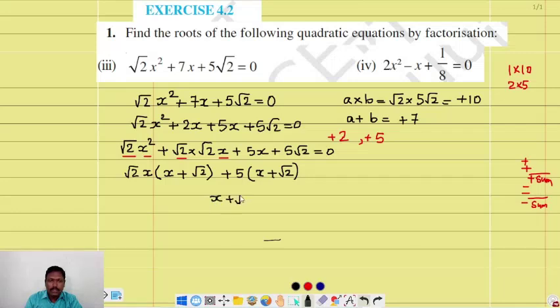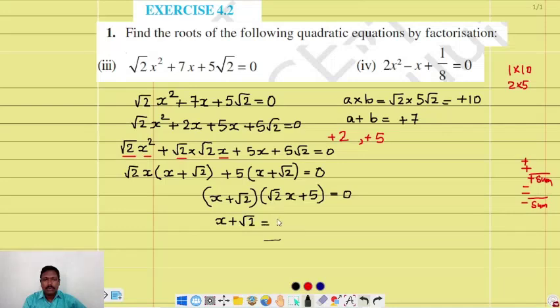x plus root 2 we can take common into root 2x plus 5 is equal to 0. Now we can find by equating these to 0. So x plus root 2 is equal to 0, or root 2x plus 5 equal to 0.